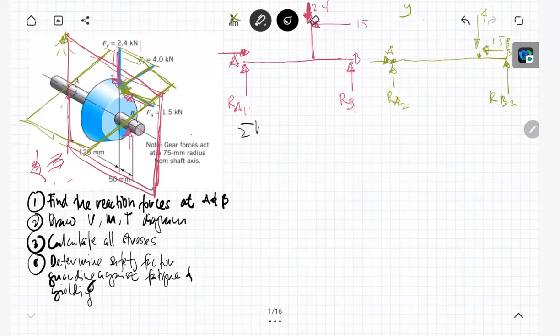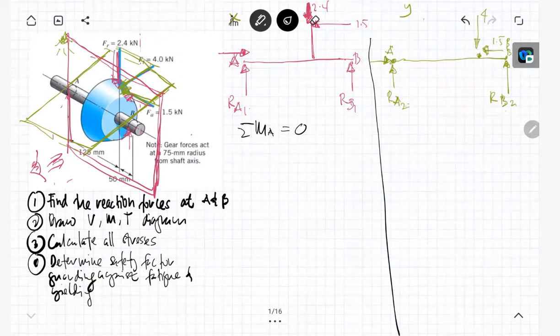So kita kira MA, let's say MA equal to 0. Zero, this is 75, this is 75.